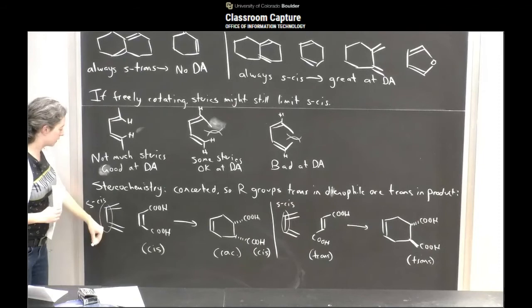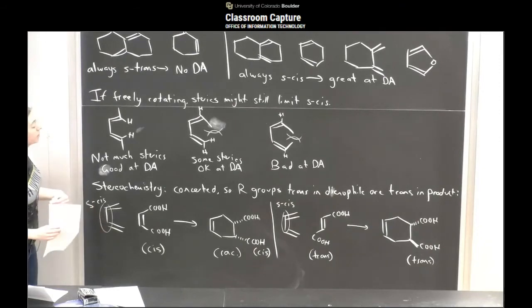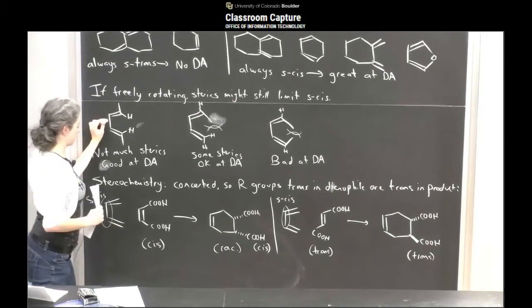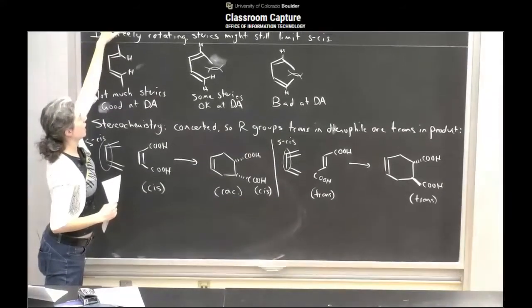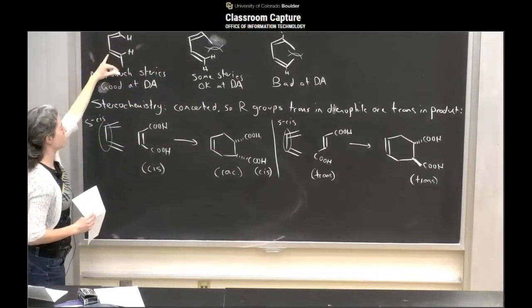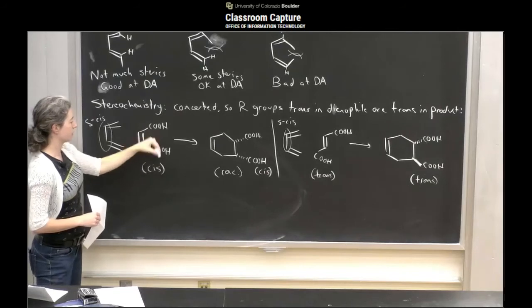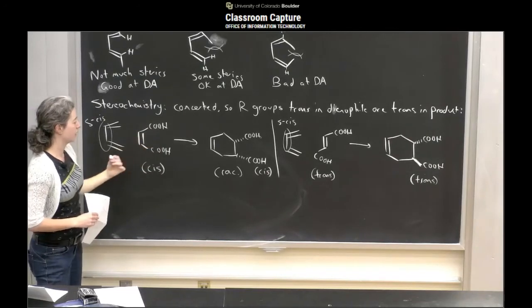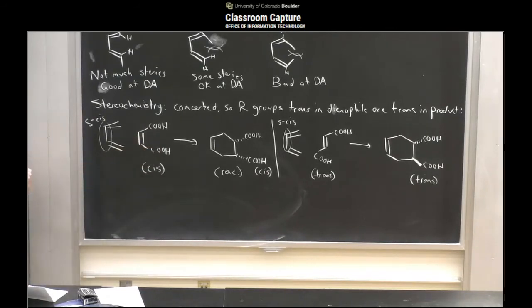Now we're kind of hopping down here and looking temporarily at the dienophile. So all of these are like how do the two alkenes in the diene line up. This is looking at how do the two electron withdrawing groups on the dienophile line up. And in a second, we're going to hop back and look at the diene and how any side groups on that line up. So there's like multiple moving parts here, unfortunately.